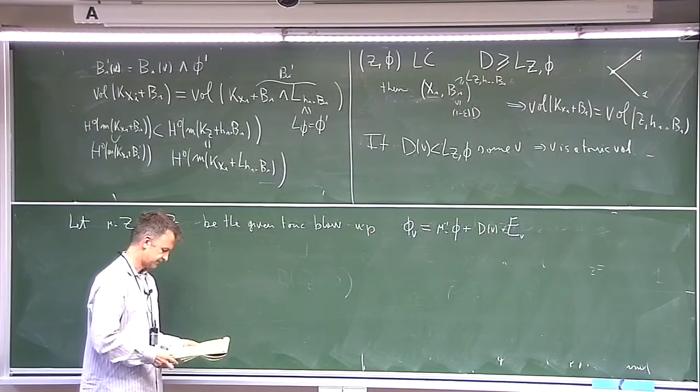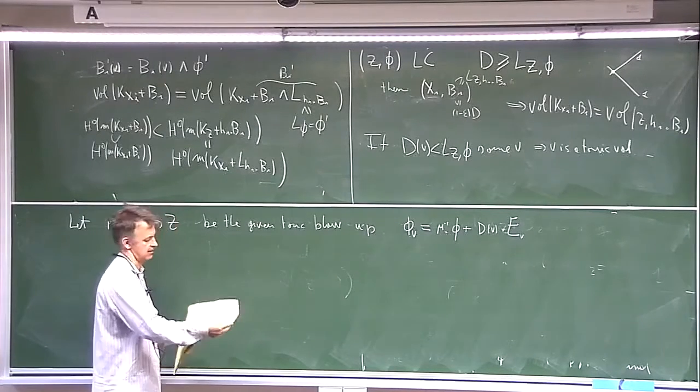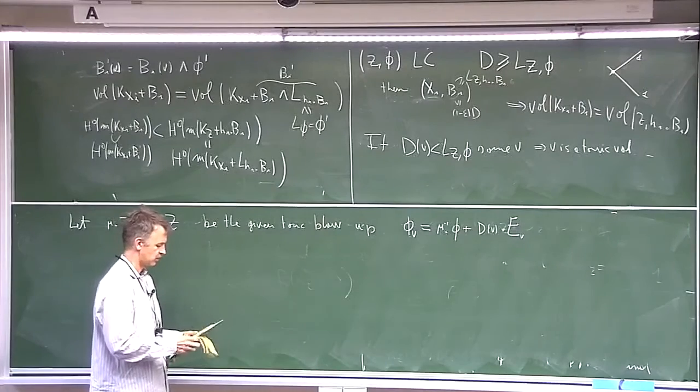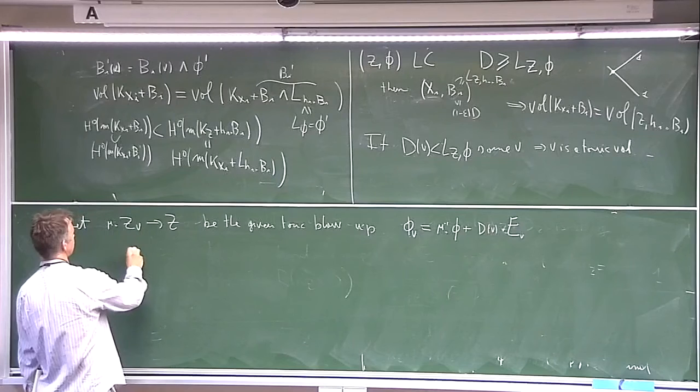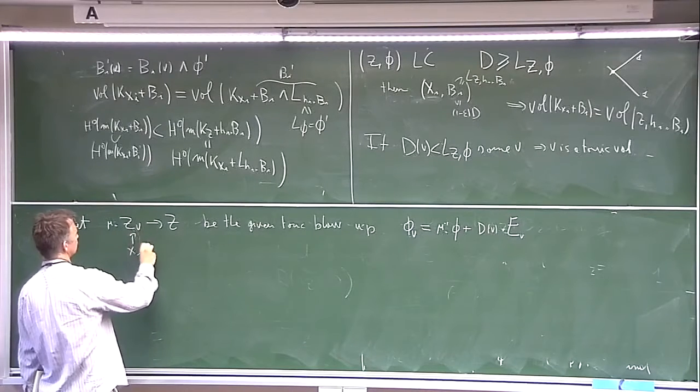And similarly, you have to do the same trick for the xi's. So you can assume that the xi map to both of these guys.